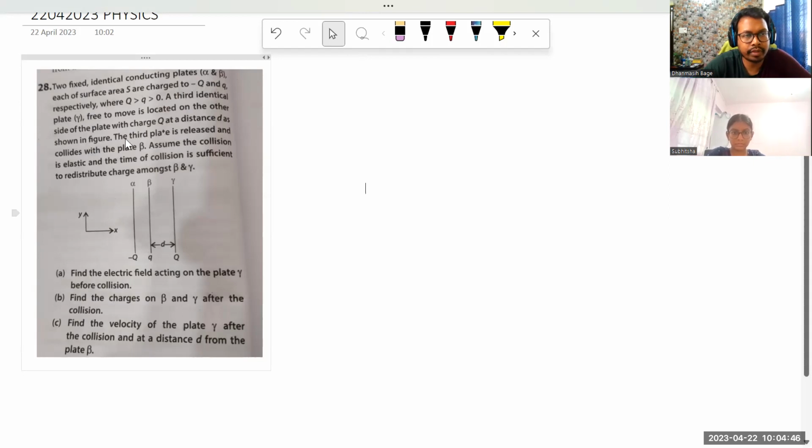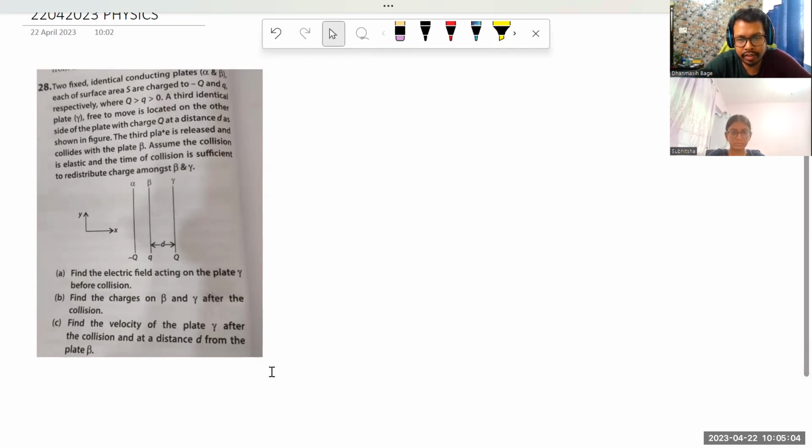As shown in the figure, the third plate is released and collides with plate beta. Assume the collision is elastic and the time of collision is sufficient to redistribute charges amongst beta.